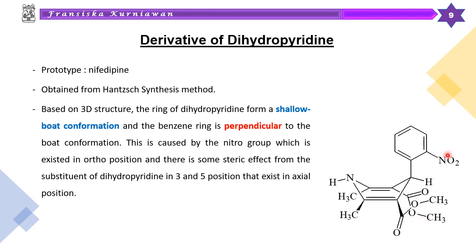So if the benzene ring is perpendicular, it can minimize the steric effect. You can imagine if it is not perpendicular, so it's in the parallel position, this nitro group will be in the same position as this kind of substituent, so it will make an unfavorable bond or steric effect.